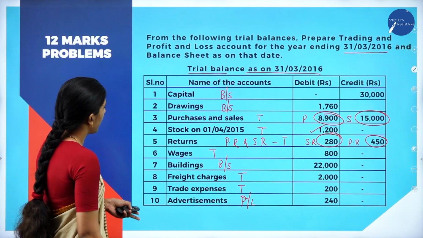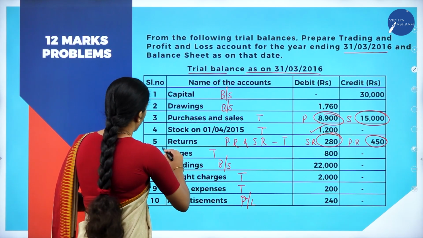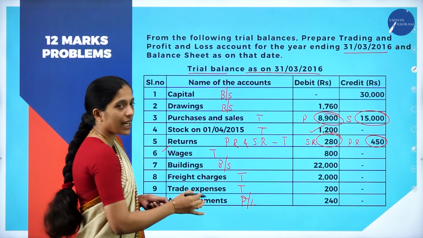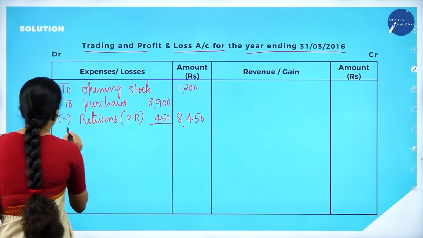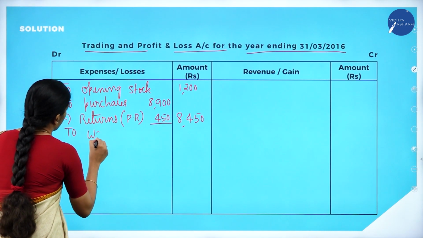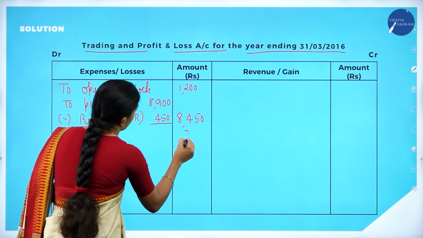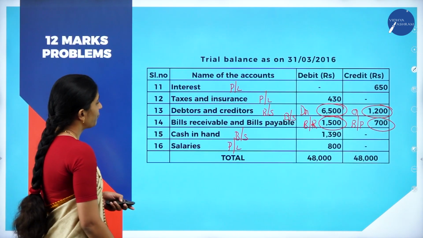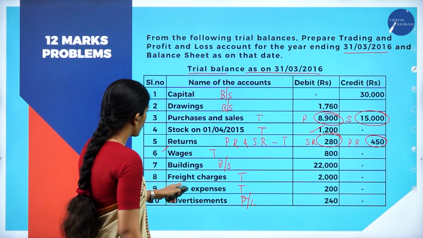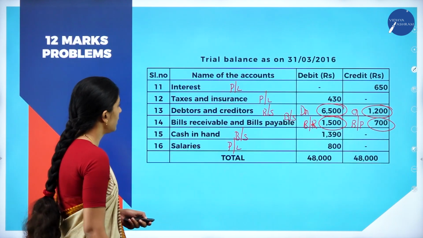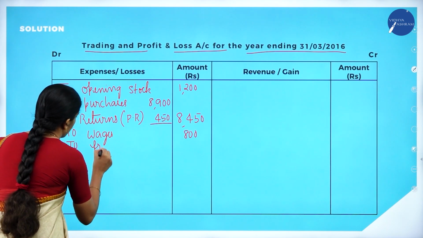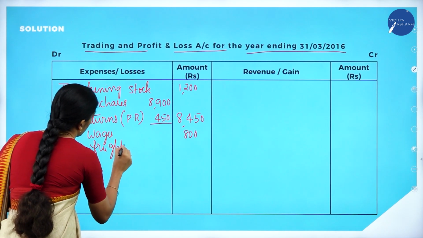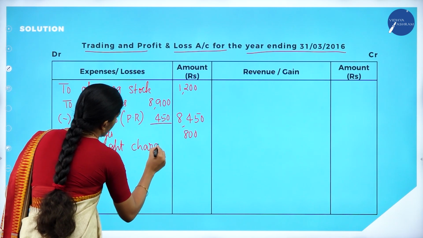So let us see what are the direct expenses we have. Yes, we have wages. So wages 800. Any adjustment on wages? No. So to wages 800. After wages, we have freight charges 2000. To freight charges 2000.